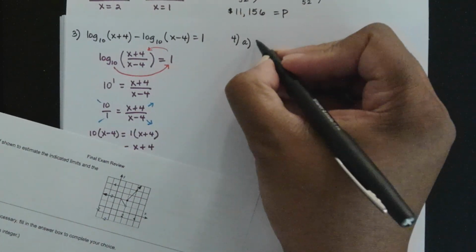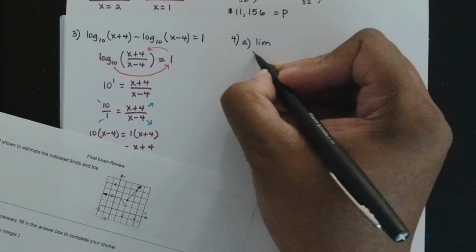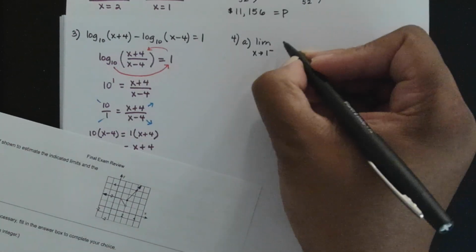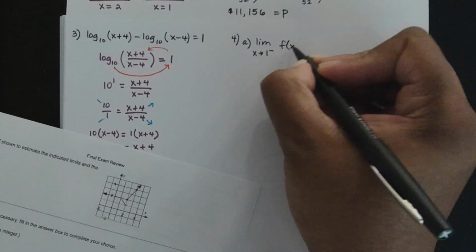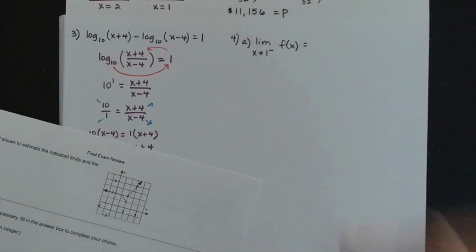So here's A. The limit as x approaches 1 from the left of the function f of x.